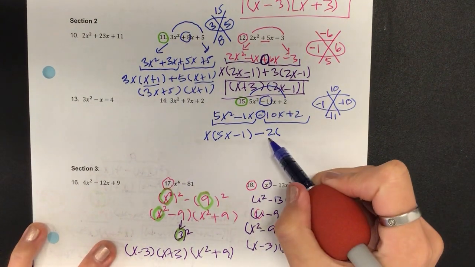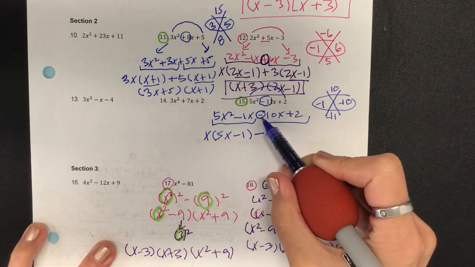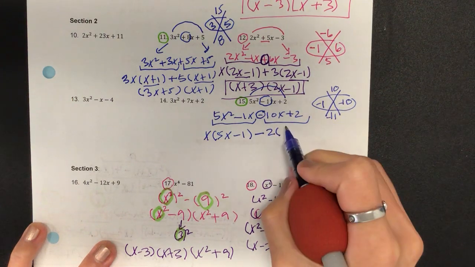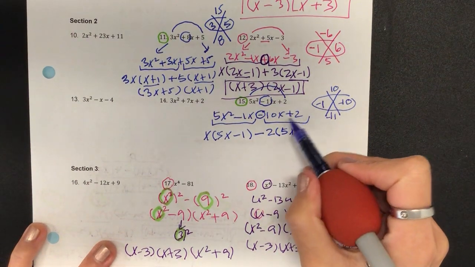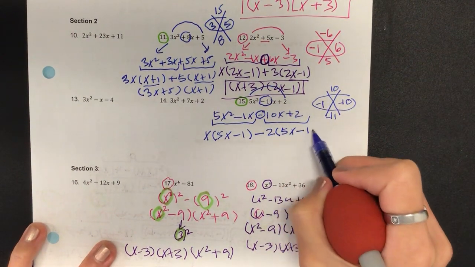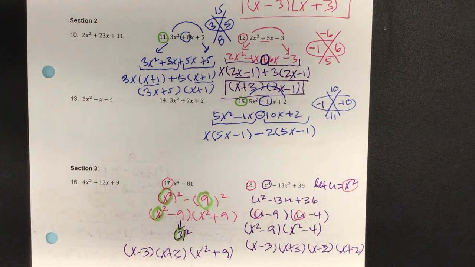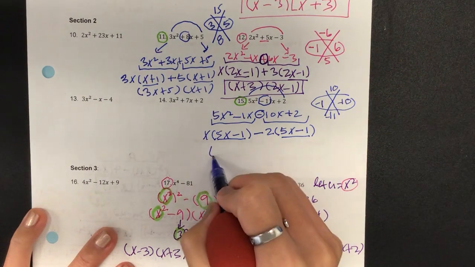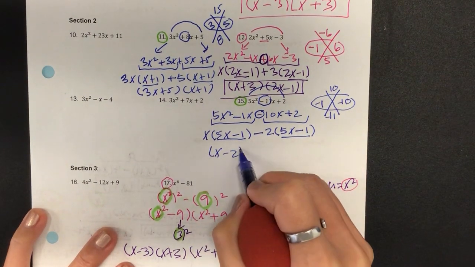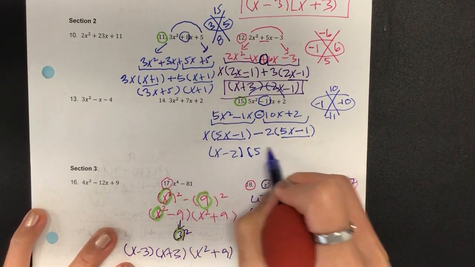So since I took out a negative, technically it's more like negative 10 divided by negative 2 is positive what? 5x. And since I took out the negative, it's going to be understood negative 1. Everyone good with that? Okay? So now, I know I've done something right when my parentheses are identical. So our final answer is x minus 2 and 5x minus 1.